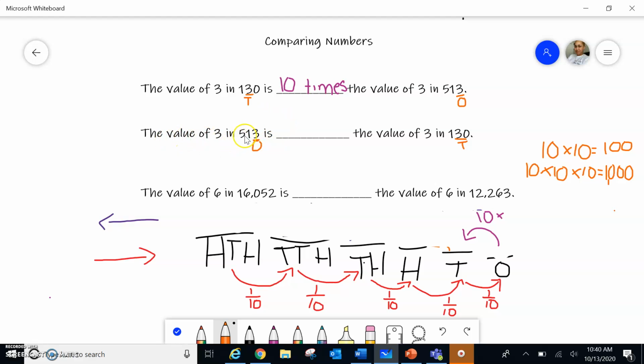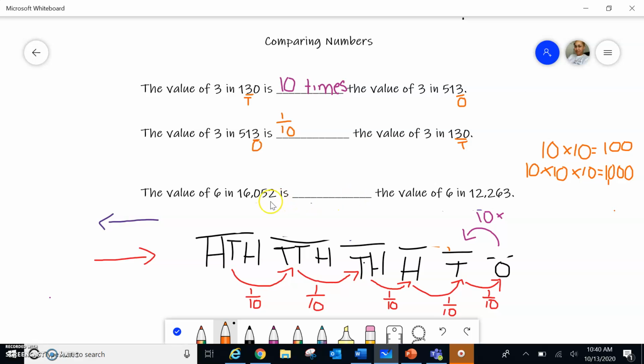So the value of 3 in 513 is, and you can simply say, 1/10 the value of the 3 in 130. Because again, when we are comparing the smaller one to the larger one, it is 1/10 less, but when we are going from the larger number, looking at a smaller number, the larger number is 10 times more of that value.